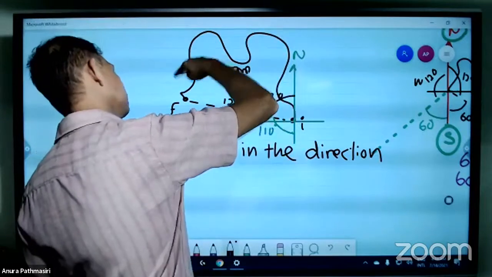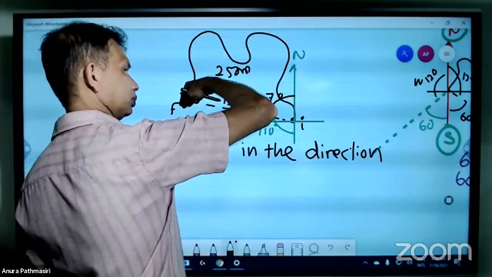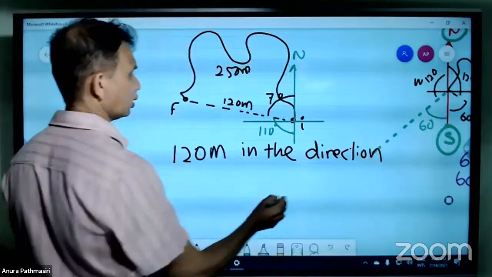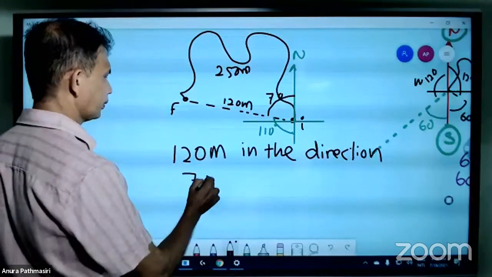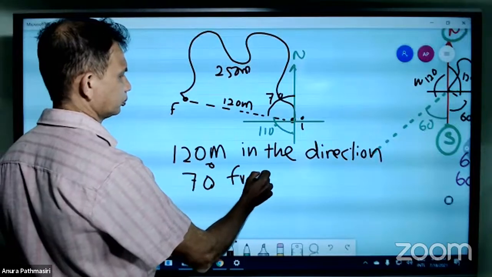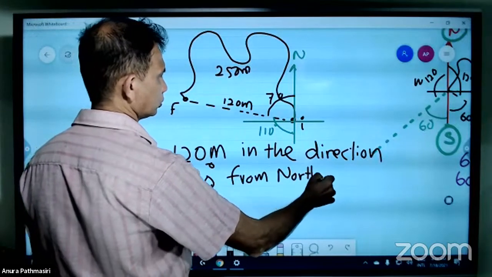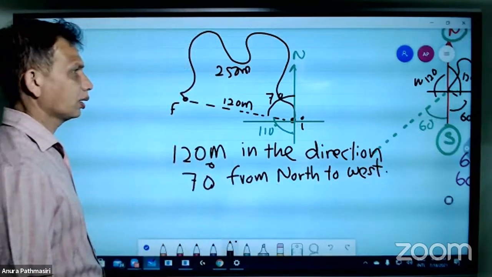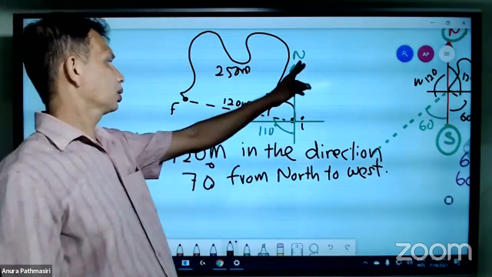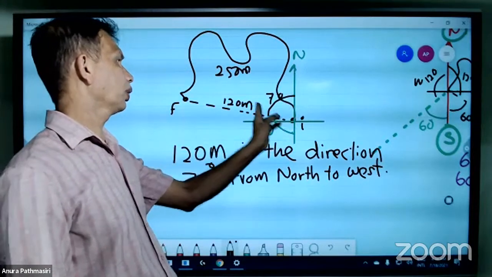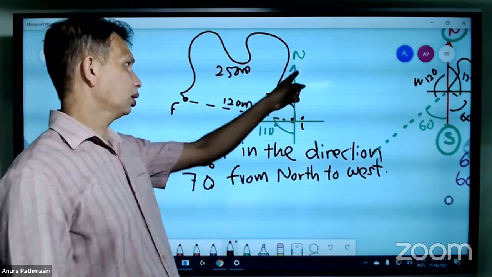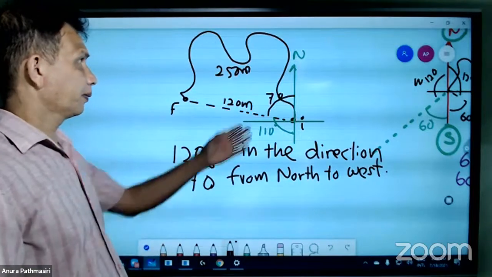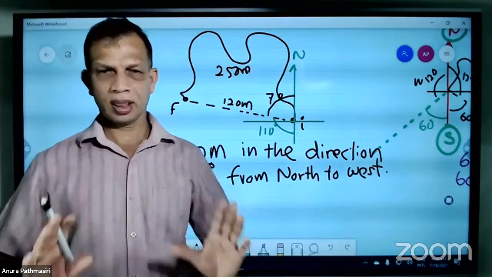From north to west, in the direction 70 degrees from north to west. So you can locate exactly where it is now. 70 degrees from north to west, right? This is how the displacement is expressed.